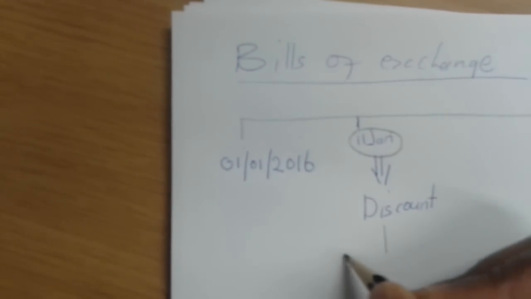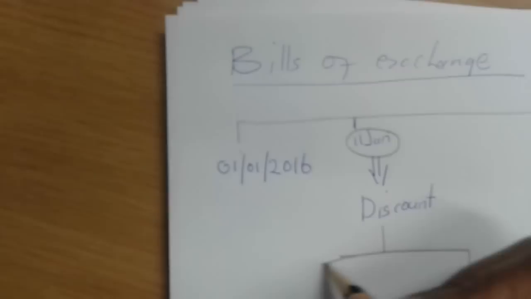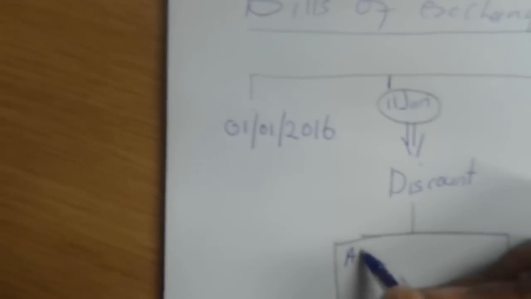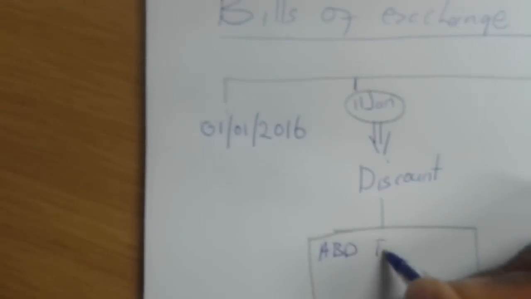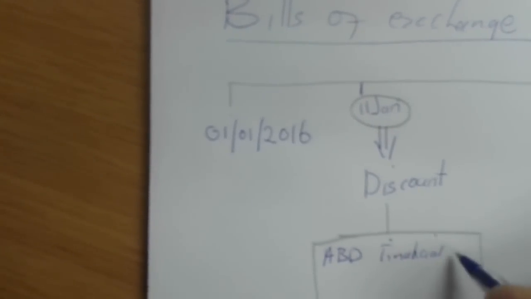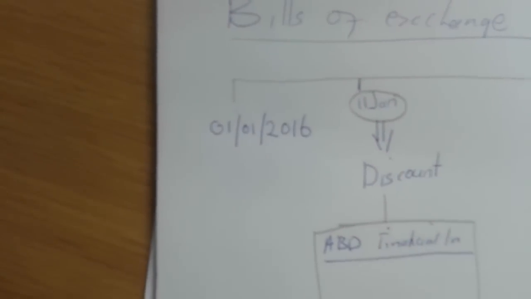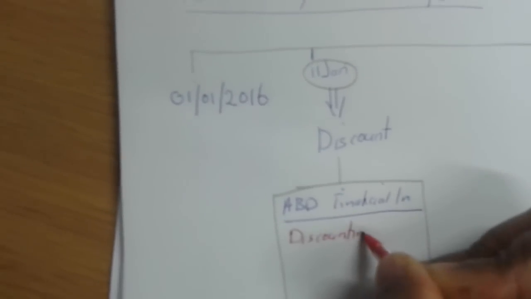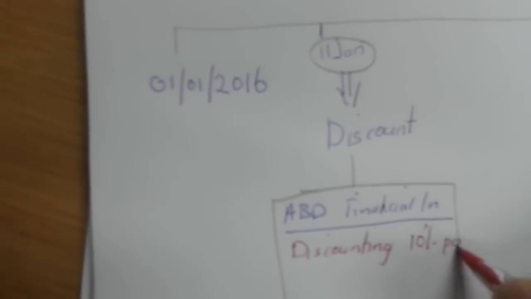Let's see now the process. What does this process entail? So there we go. Right. So let's say they go to this institution, ABD, financial institution. Okay. And then they tell them that our discounting rate, or the rate that we are going to discount this bill, is 10% per annum. Now let's see.